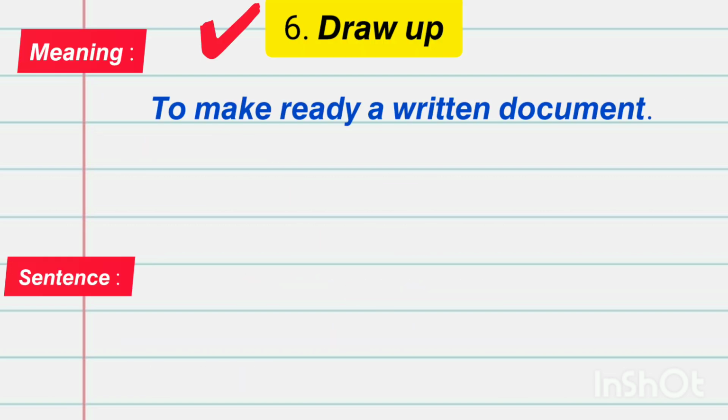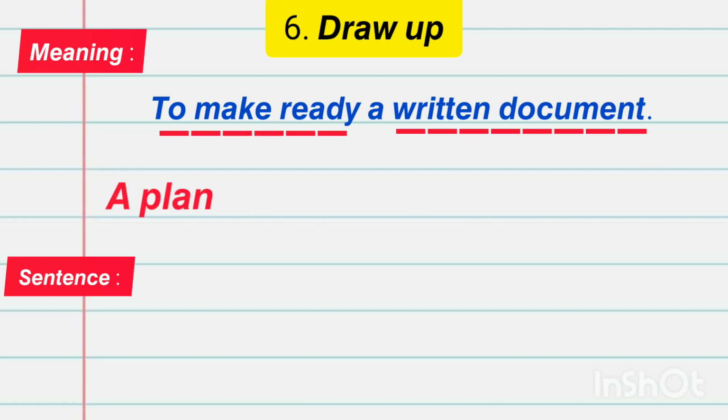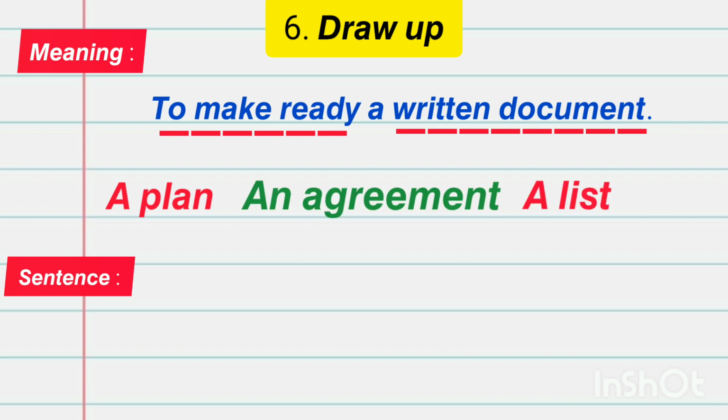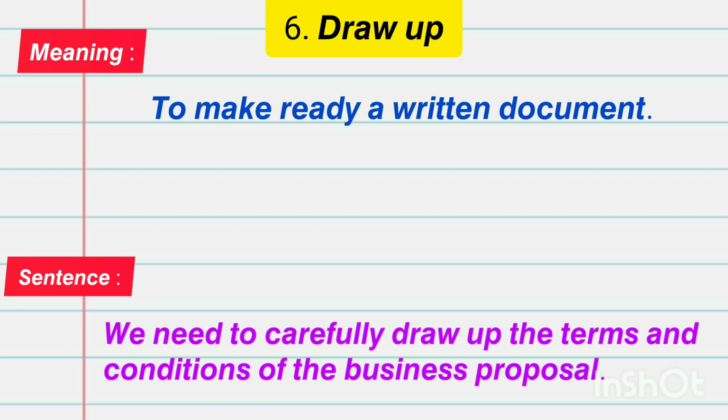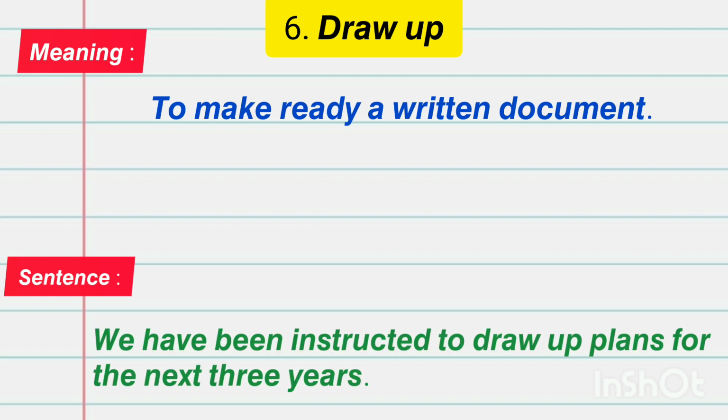To draw up means to make ready a written document, like a particular plan, some agreement, or some particular list. Example, we need to carefully draw up the terms and conditions of the business proposal. We have been instructed to draw up plans for the next 3 years.